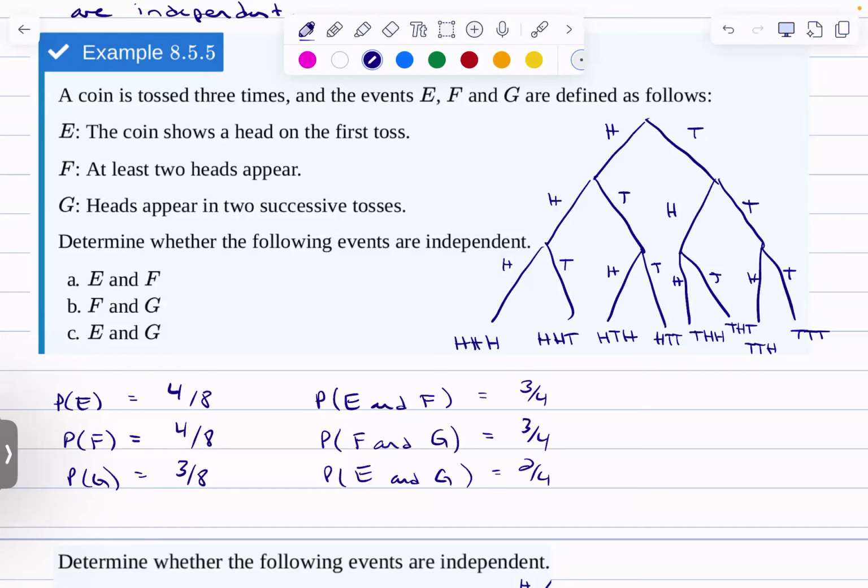I think they screwed up. I'm feeling good about our 2 over 4, but they have 1 over 8. Still doesn't work.